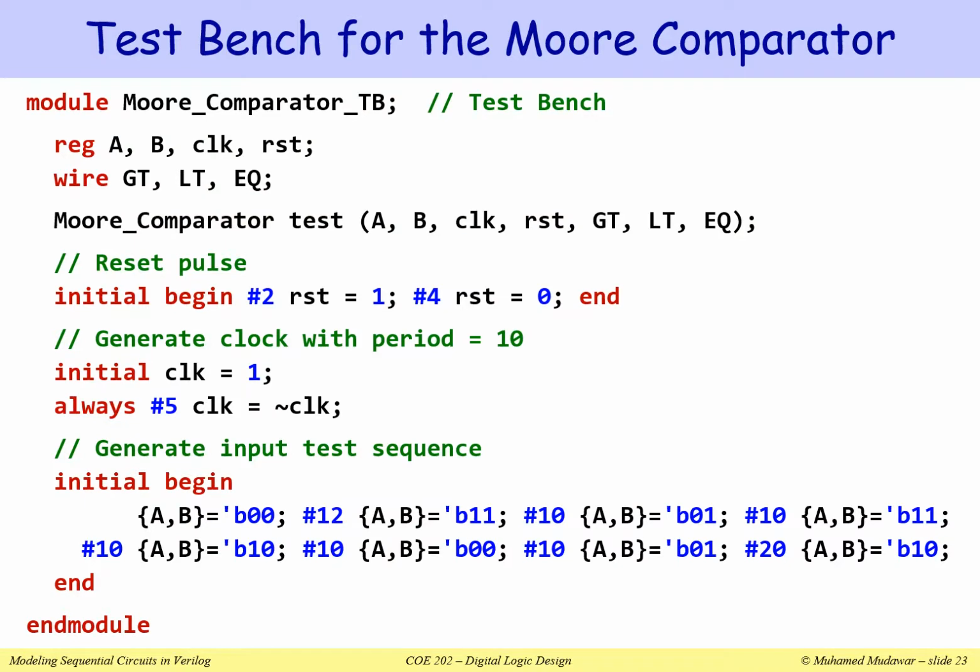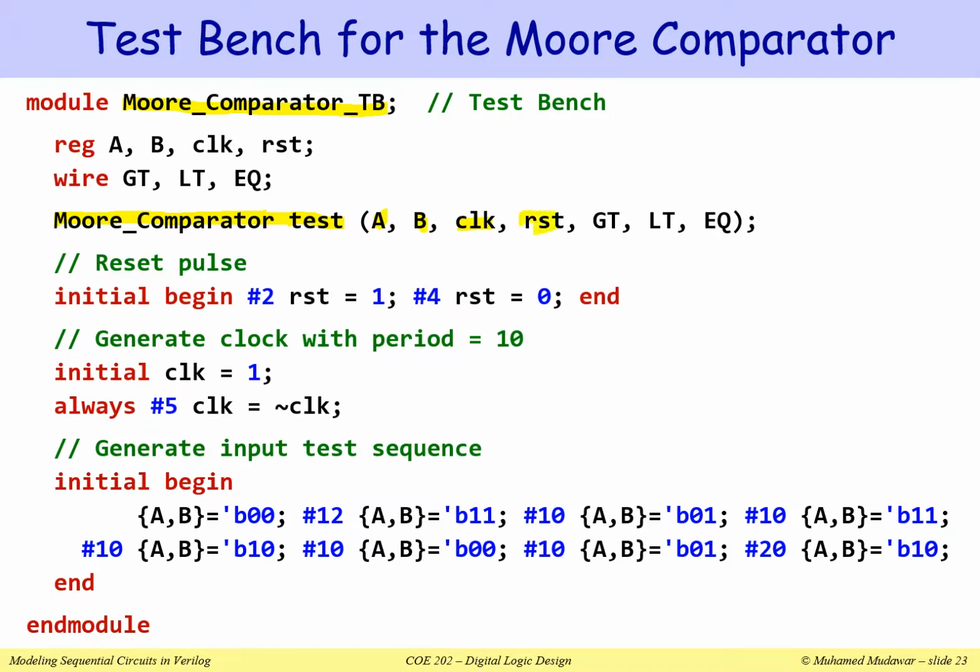Now we can write a test bench for the Moore comparator. This module, which is called Moore comparator TB, where TB means test bench, is used to test the Moore comparator. So what we have to do is instantiate the Moore comparator. This is my test instance. It has 4 inputs: A, B, clock, and reset.